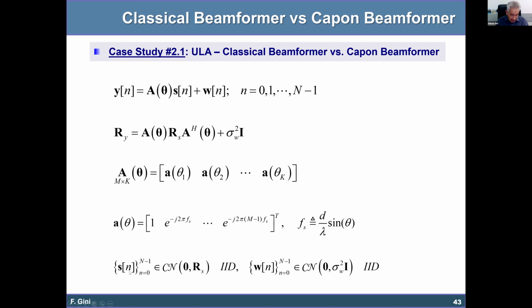Instead, the signal samples are temporally white, but spatially correlated. And the spatial correlation is described by this matrix here, A Rs A Hermitian. And then we assume that both the signal and the noise are Gaussian distributed.